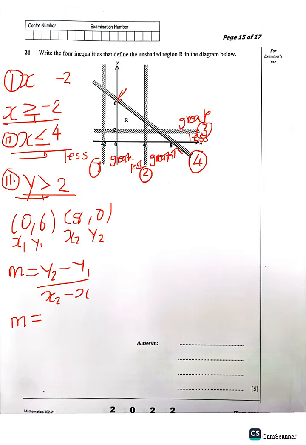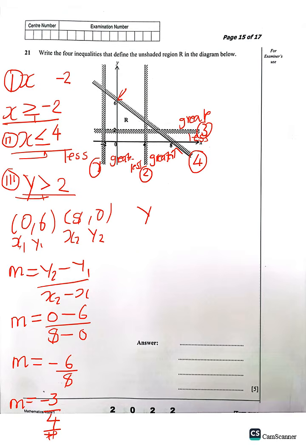So y2 is 0, y1 is 6, over x2 is 8 minus 0. So 0 minus 6 is -6 over 8. If we divide by 2, we get 3 over 4. So our final answer is -3 over 4.